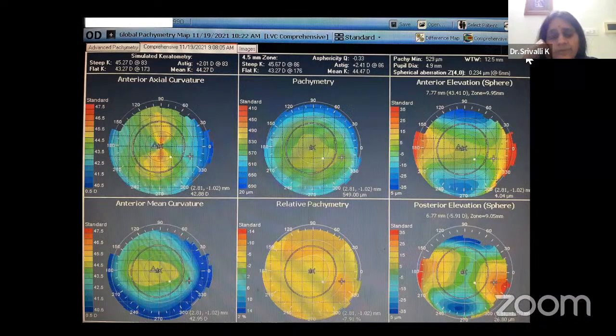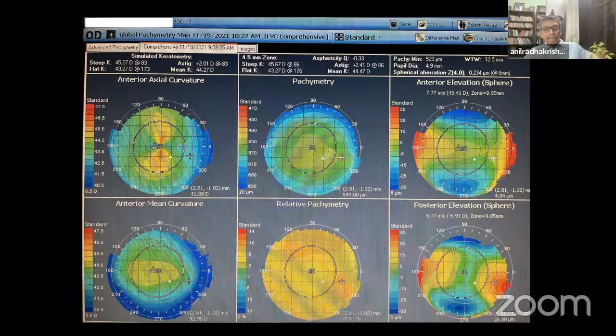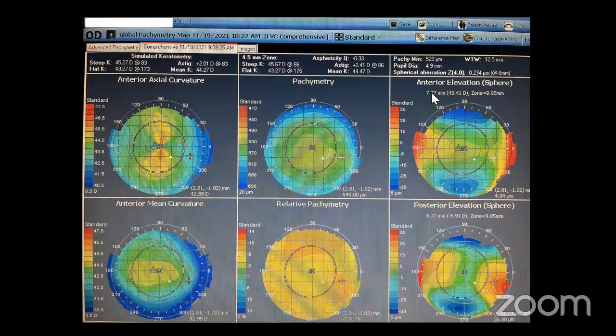So what are the types of astigmatism? With the rule and against the rule would be one, then mixed, and oblique.